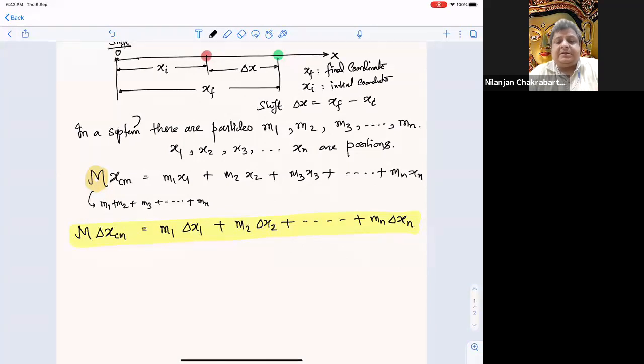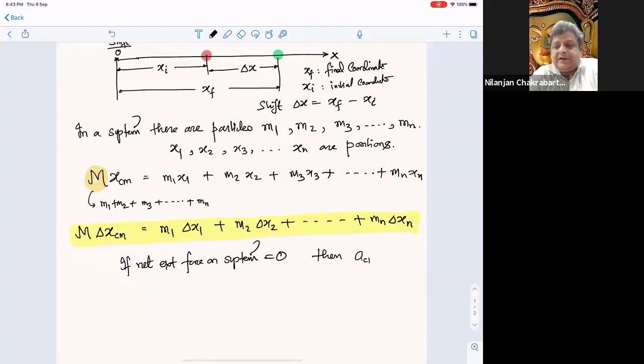So when does the center of mass not shift? If the net external force on the system is equal to zero, then the acceleration of the center of mass is equal to zero. But that doesn't mean it will not shift. Say if the center of mass were at rest, then will it shift? Then it won't shift.